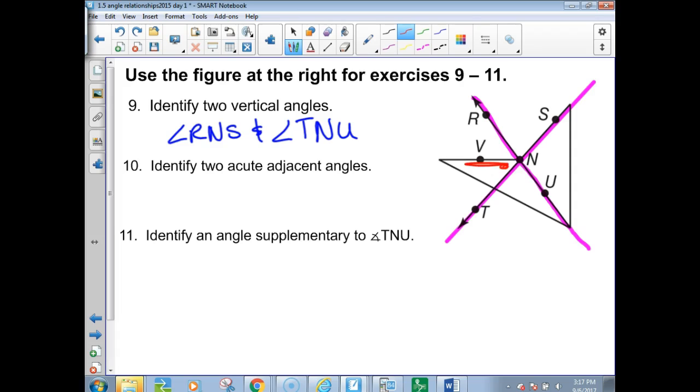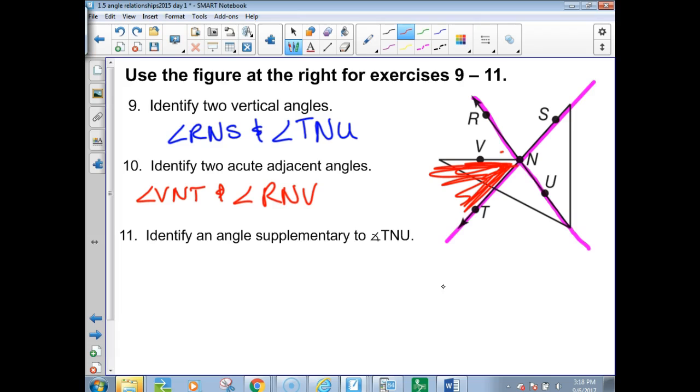Okay, so she's picking this one. Good. It's just that angle. Don't worry about this piece right there. And I need another one that's right next to it that's less than 90. So you actually have 2 different choices. RNV? Sure. And if you went down here, this one's also acute, so TNU would have been adjacent to it as well.